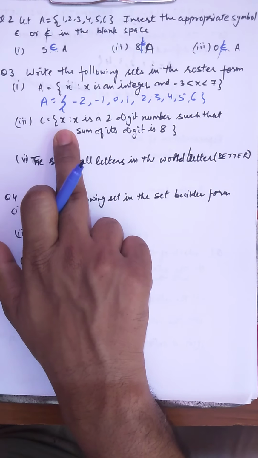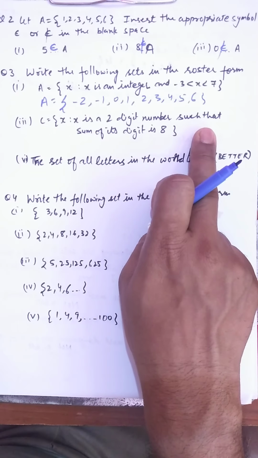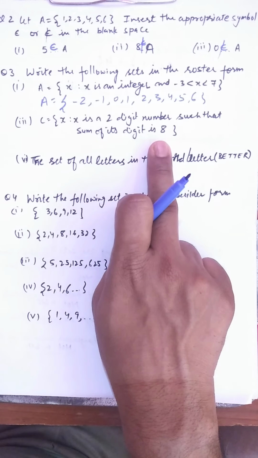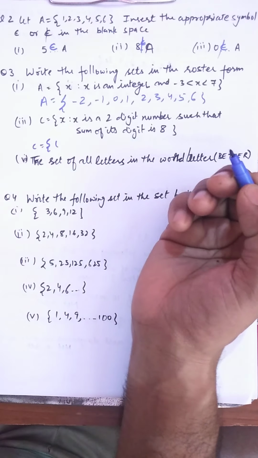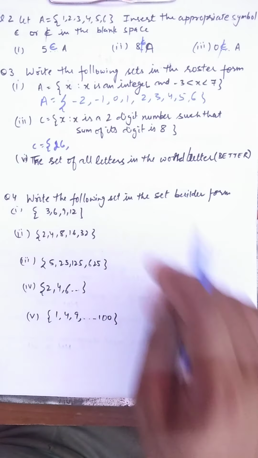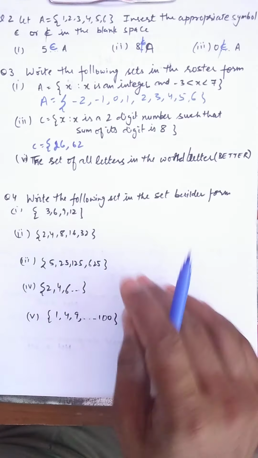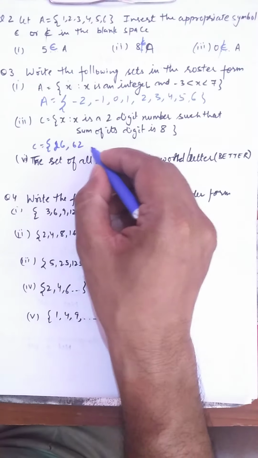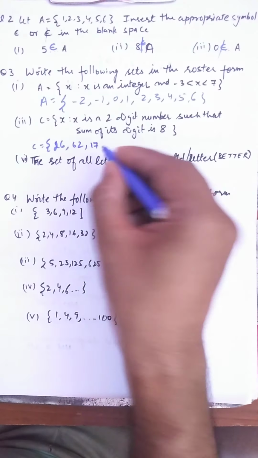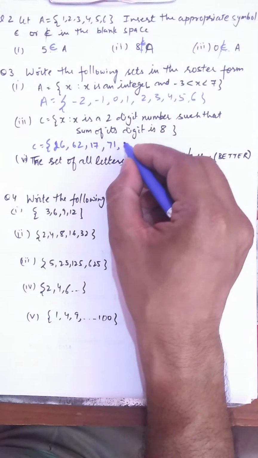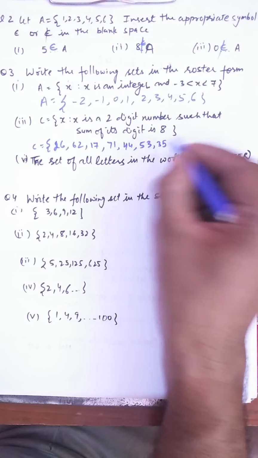Come now to the third part. x is a 2-digit number such that the sum of its digits is 8. So first, 26 can be one number, because the sum of the digits is 8. Similarly, 62 is another number in which the sum of the digits is 8. Similarly we can write 17, 71, 44, 53, 35.